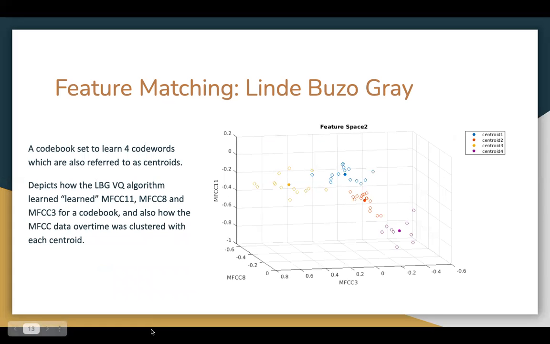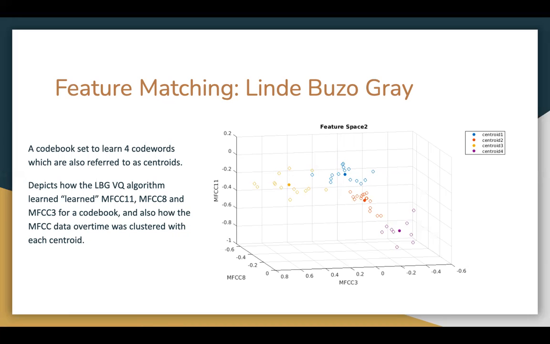Here is an example of a code book which has 4 centroids, after we've gone through the iterative LBG algorithm, which has converged these centroids onto the MFCC data in the feature space.